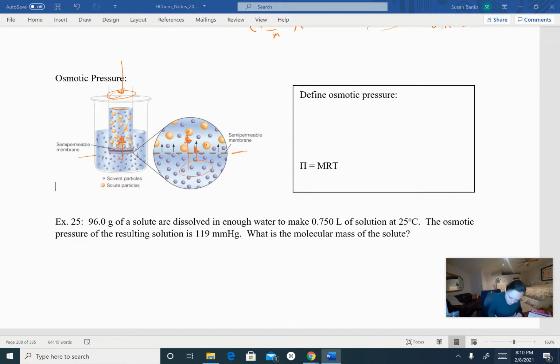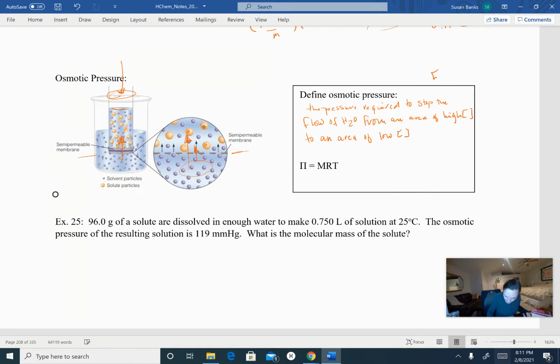So it's the pressure required to stop the flow of water, usually the solvent, from an area of high concentration to an area of low concentration.